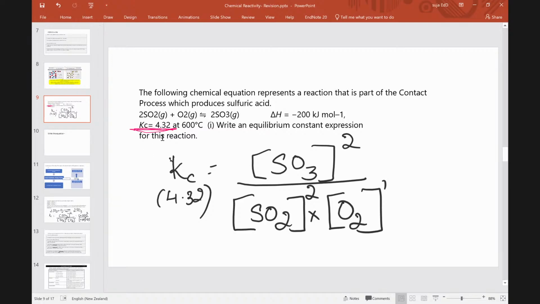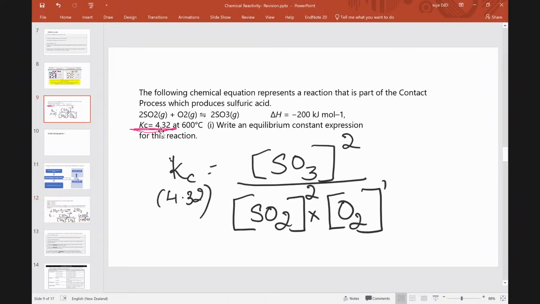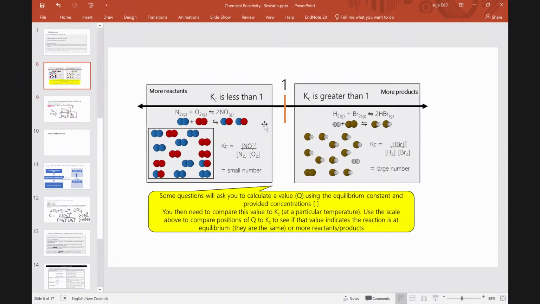So how do I answer this? If when I calculate this answer, I'm getting the same value as this, then you can say that the reaction is in equilibrium. If it is less or more, then definitely you go back to this. If your Kc is less than your original answer, then there are more reactants compared to the products.